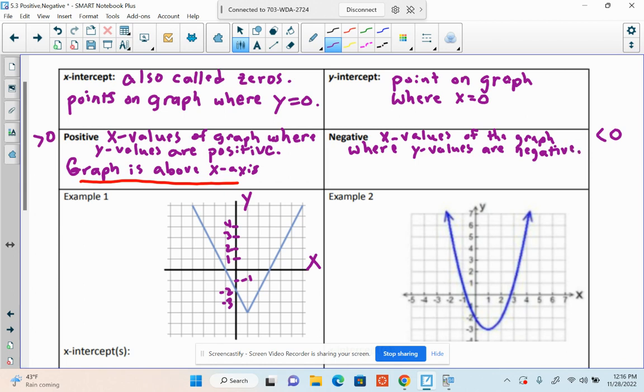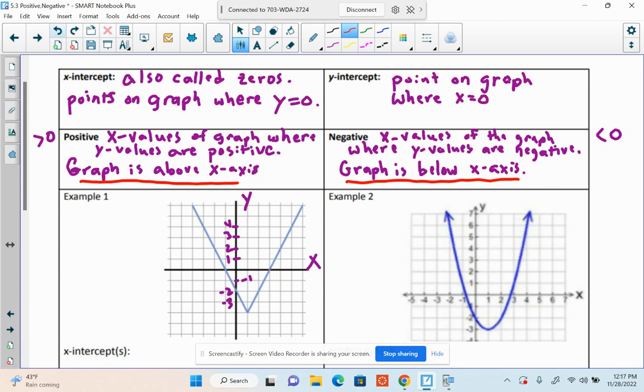So in the picture, that's going to be x values where the graph is below the x-axis. Because as we said, y values will be negative when your points are below the x-axis.